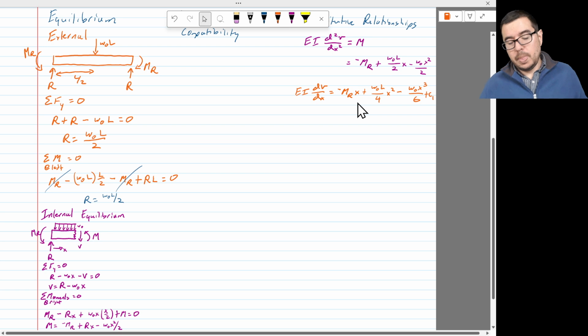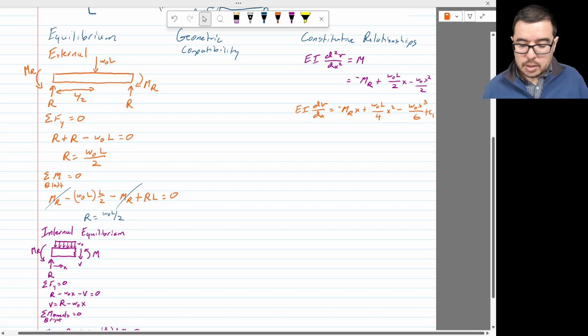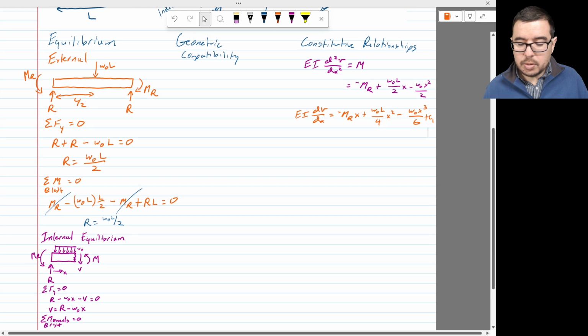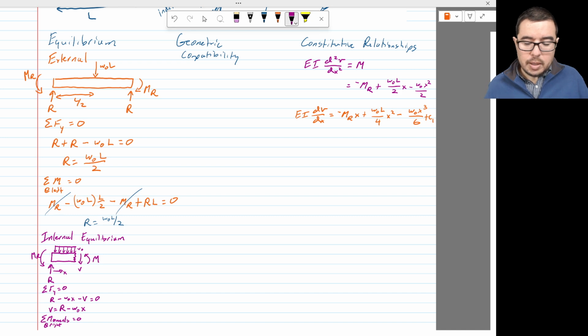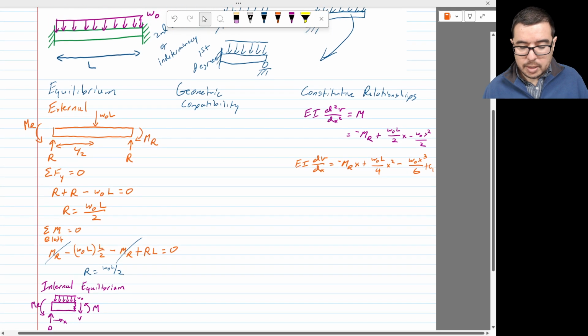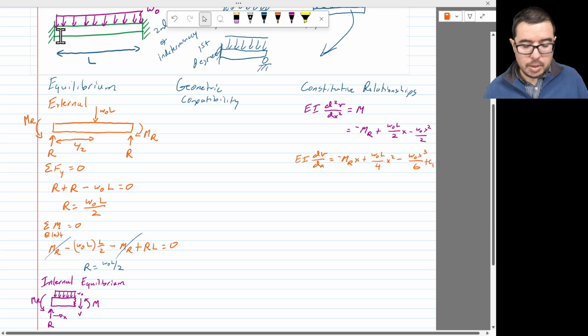Now, maybe it's a good idea to think about boundary conditions, and let's lump the boundary conditions in this category of geometric compatibility. Why don't we look at the problem again and see what's happening at the boundaries?